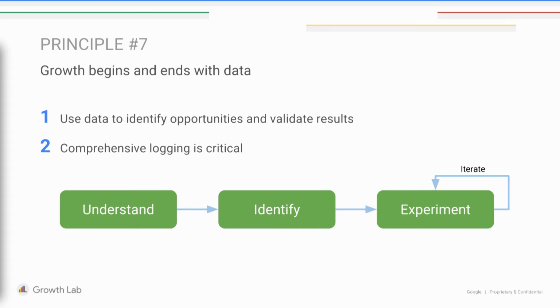You start with this understand phase where you're looking at data to figure out who are your users, where are they coming from, what are they doing in your app, how engaged are they? And then you're using that data to identify growth opportunities. Are there particularly great features that are highly retaining and highly engaging, but not many people are using them? That's one such thing that you can identify in terms of something you should focus on for growth.